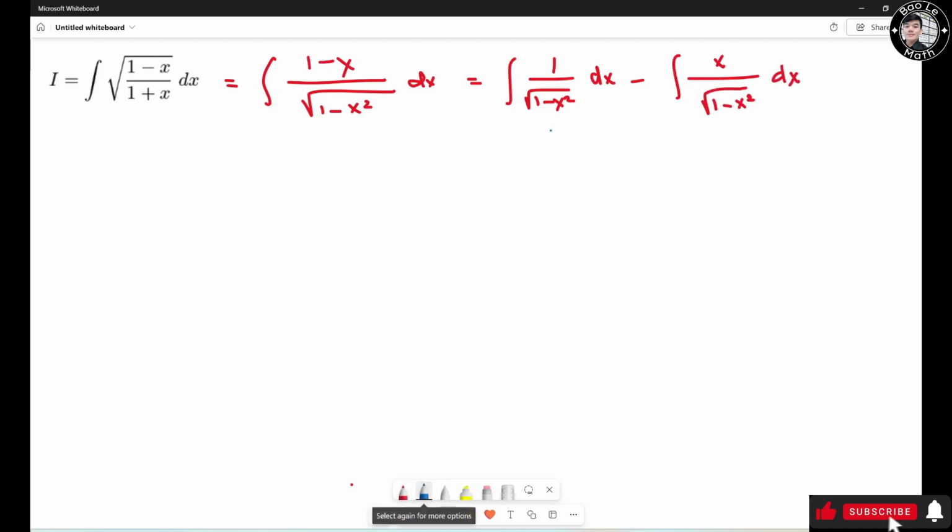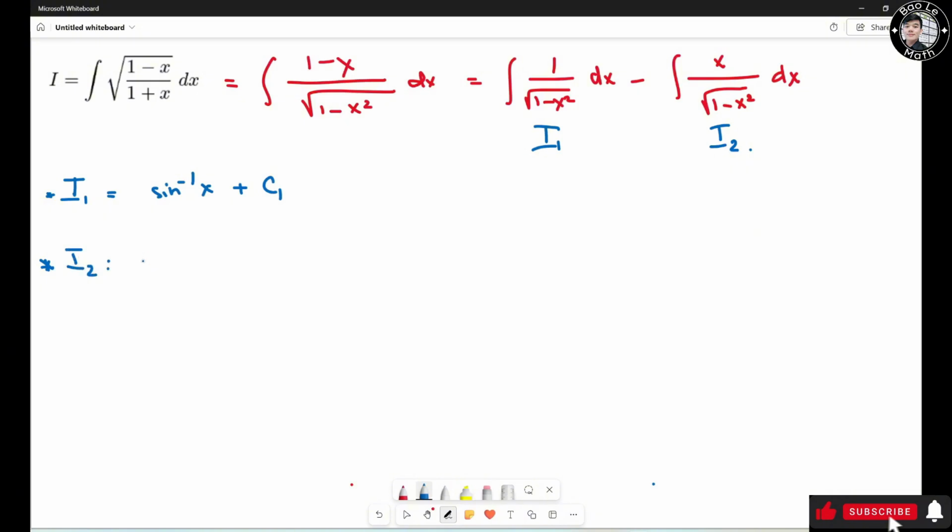Now I'm going to call this one I1. I call this one I2, right? So I1 is very easy, right? That is the formula. It's going to be sine inverse of s plus C1, right? Now, to calculate I2, I need to use substitution. So I'm gonna let U be square root of 1 minus S square.